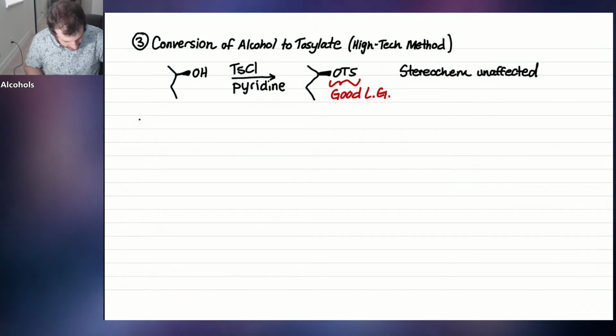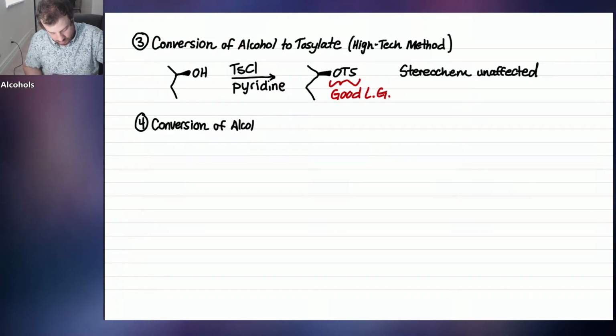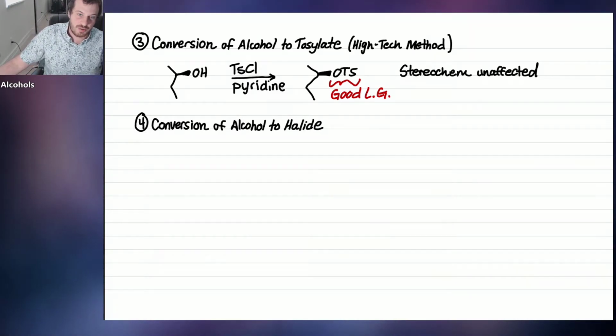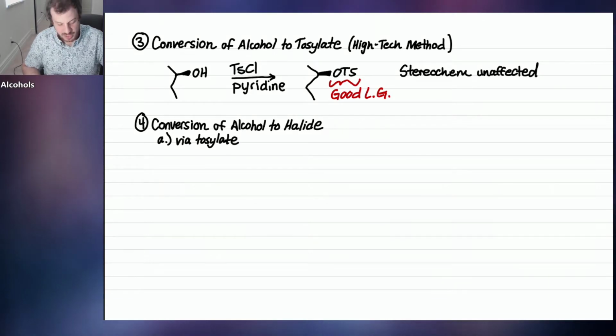Okay, now time for reaction 4, which is conversion of alcohol to halide. And there's actually several ways to accomplish this, so I'll show them all. The first way is via the tosylate. As we just saw above, we can turn an alcohol into a tosylate, and then you could do SN2 on the tosylate with a halide salt.